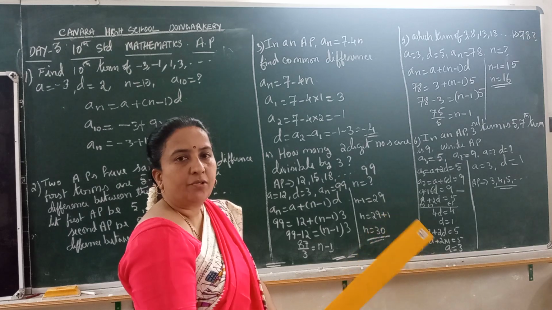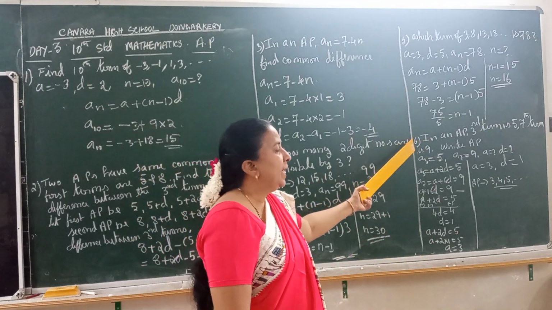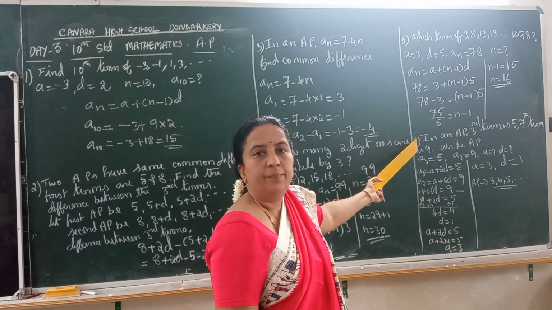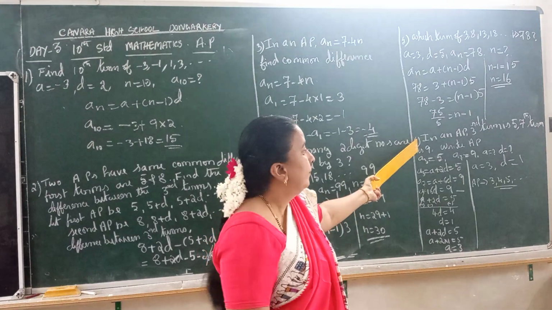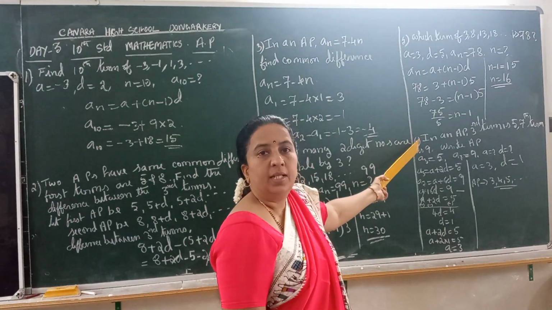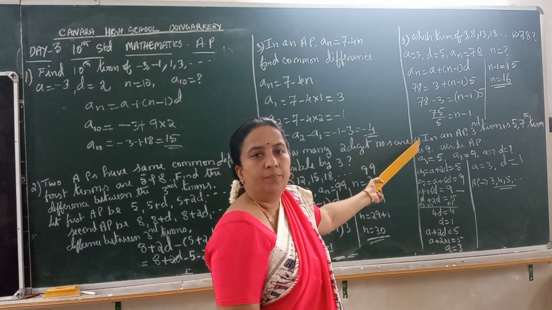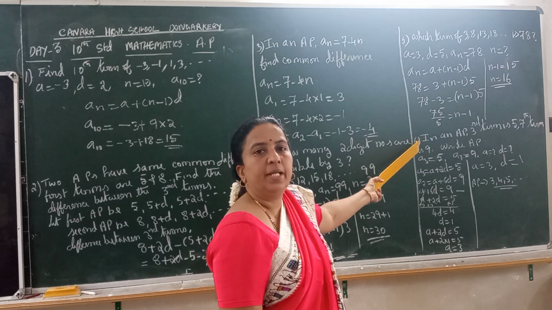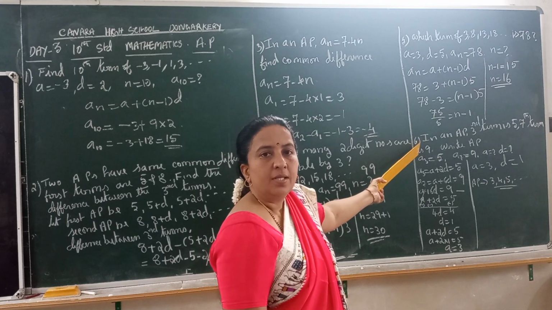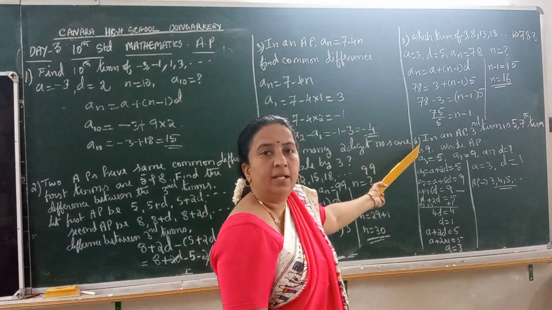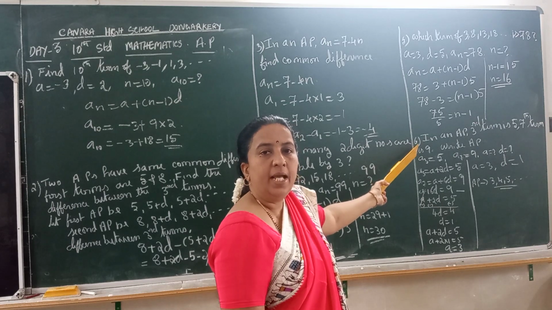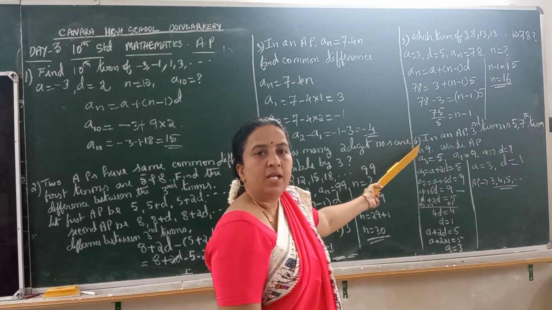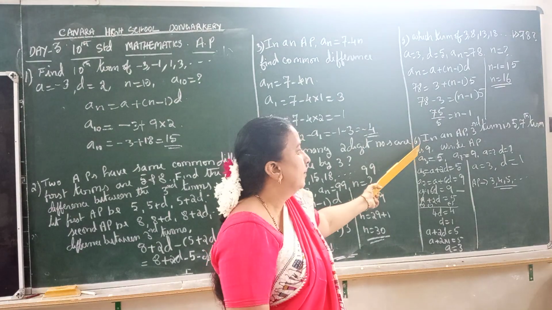Now let us copy the next question. In an AP, third term is 5, seventh term is 9.